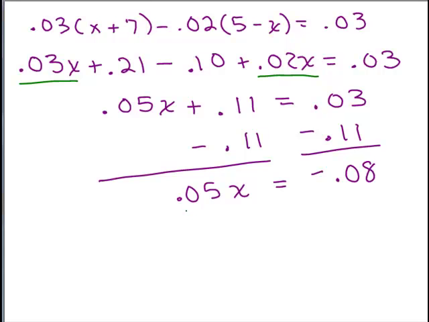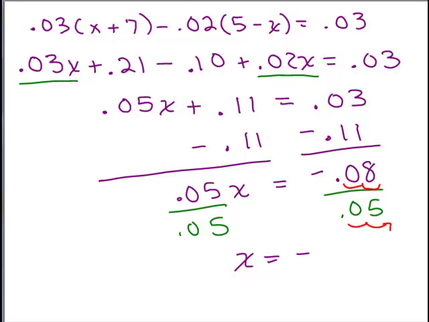And then we could divide by 0.05. And that gives us a negative. Now we'd have to move the decimal 2 to the right. And we're going to get negative 8/5.